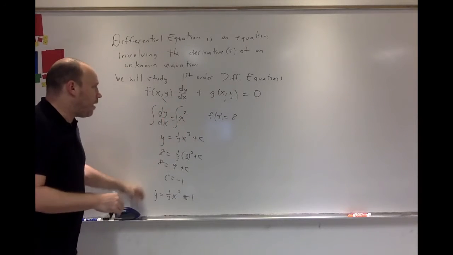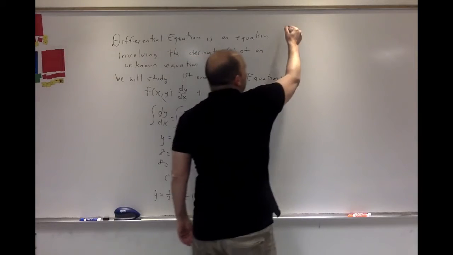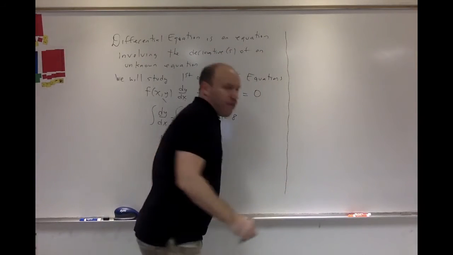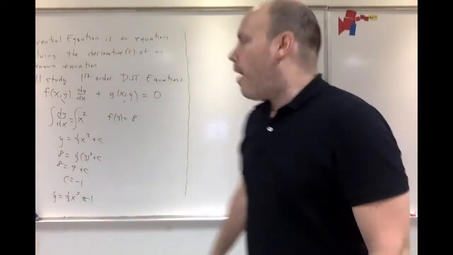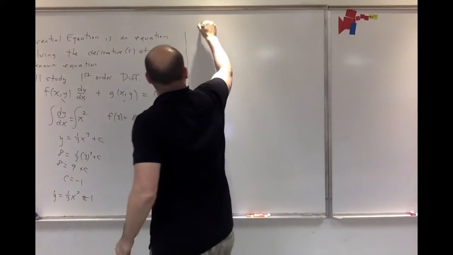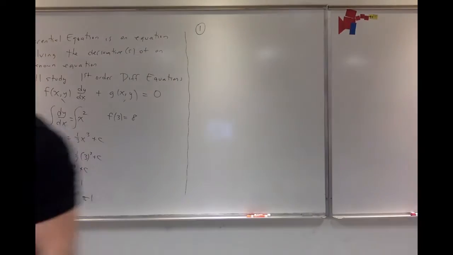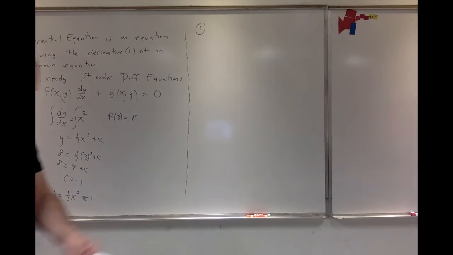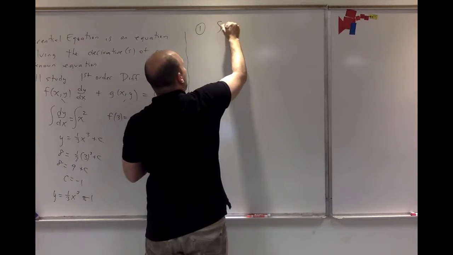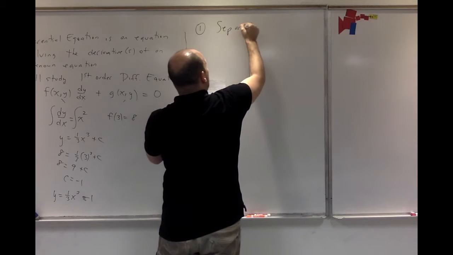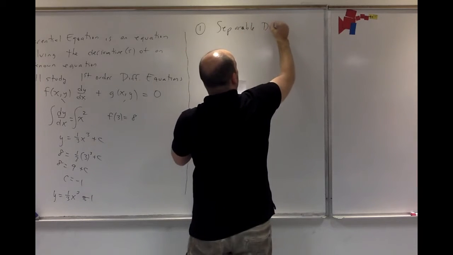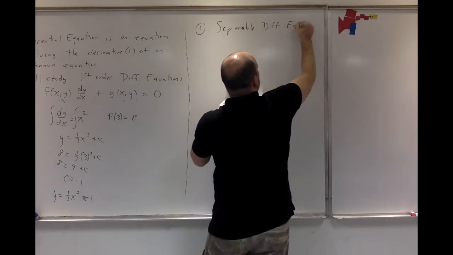Now, let's take a look at the first thing we're going to do. The first type we're going to solve, just in this lesson, is where we're able to separate the x and the y. So this lesson is called separable differential equations.